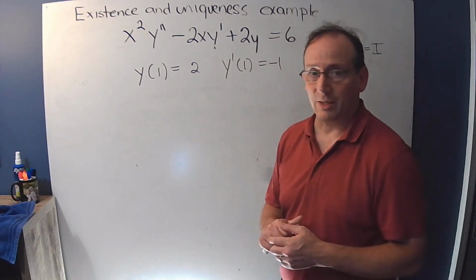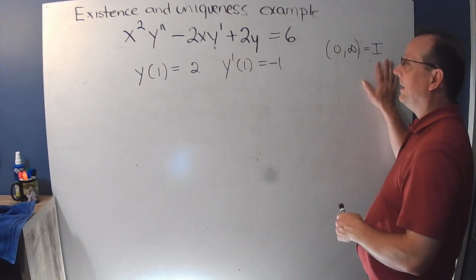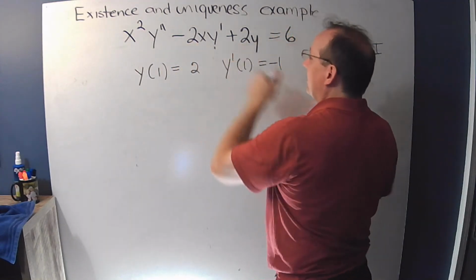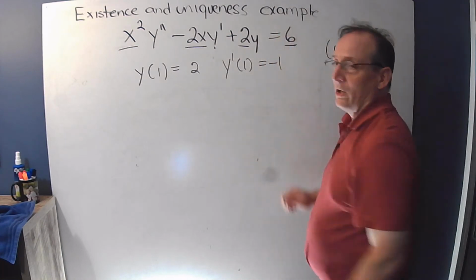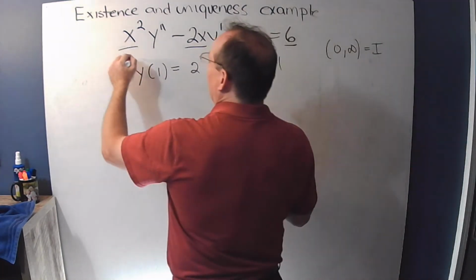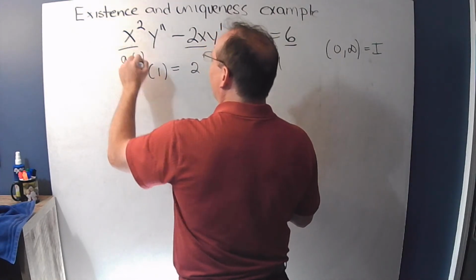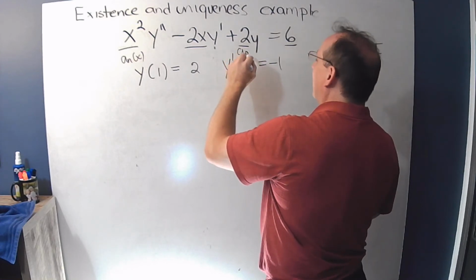It also fits the bill that on this interval 0 to infinity, all of these coefficients are continuous. So this is that a_n of x.